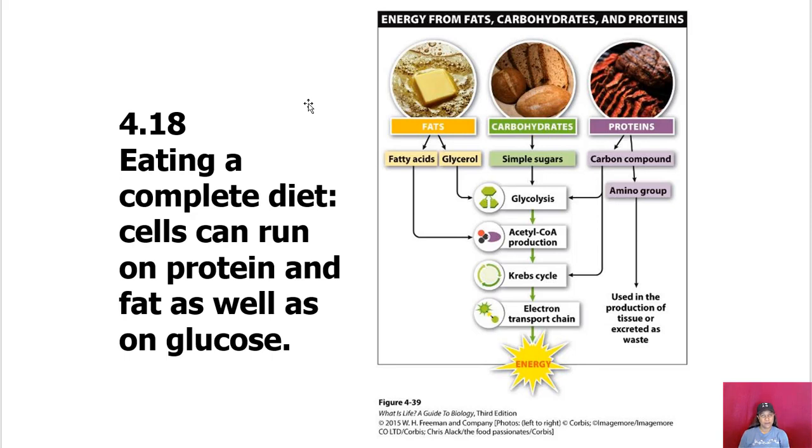And in this way, this is what allows us to survive on a greater diversity of food sources. Because when you think about it, if you have an organism that can only eat one type of food source, what if something happens to that food source? It's gone. Well, that organism is going to be gone, right?